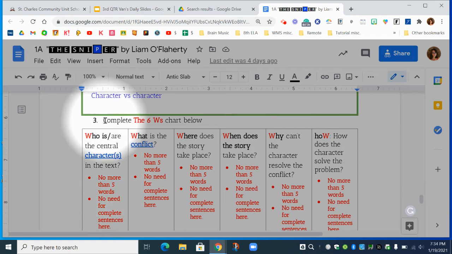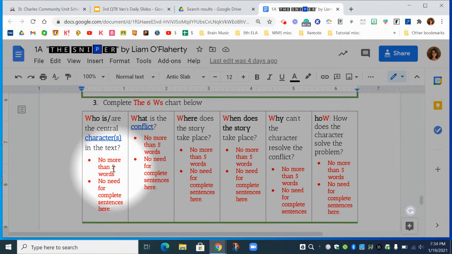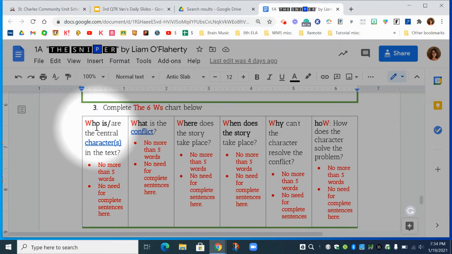Moving on to summarizing a story, we have a chart here of the 6 W's. And of course, we have hyperlinks, which are also incorporated. So take advantage of those hyperlinks, like the type of character.